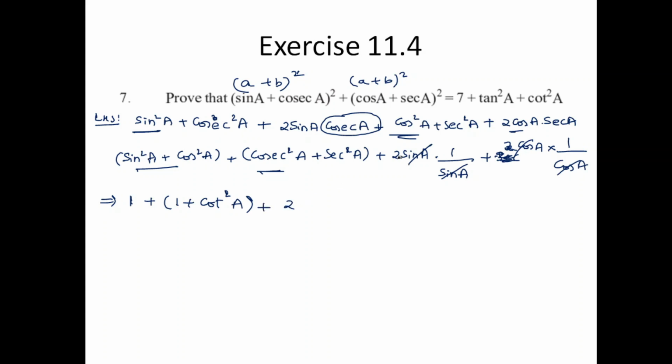So plus secant square A can be written as 1 plus tan square A, plus this 2 is left out here, and again the other 2 is also left out. So this 2 is left out with the other 2, right? These 2, if you remember, I can write this as 2 plus 2, isn't it?